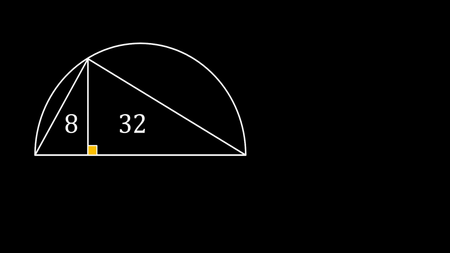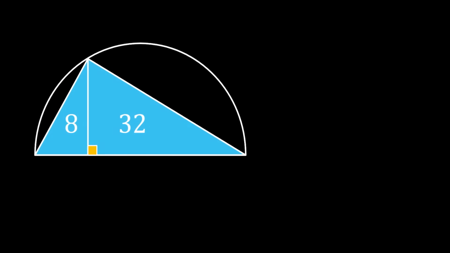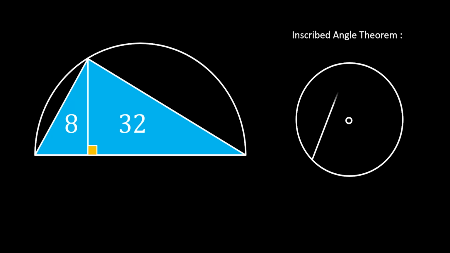So first, let's take a look at the big triangle which consists of those two triangles inside. We can use the inscribed angle theorem, which states that an inscribed angle inside a circle is always 2 times smaller than the central angle that subtends the same chord.